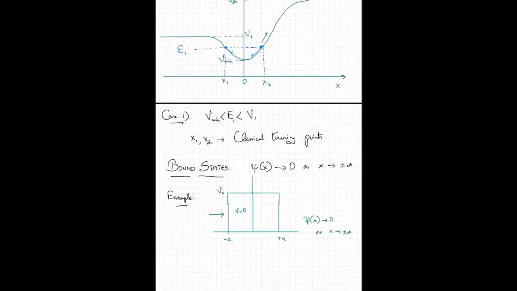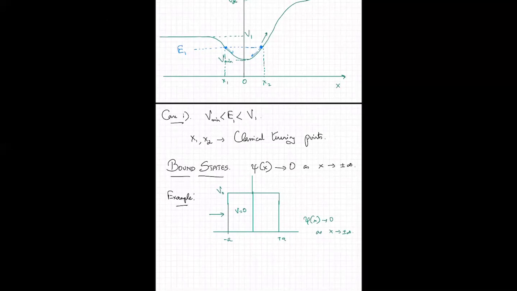But for any finite potential, I cannot claim that the wave function will be exactly equal to 0 outside the classical turning points. But if I go sufficiently far away from the classical turning points, particularly as x goes to plus minus infinity, I can be sure that for bound states, there is 0 probability of finding the particle so far away. If the particle is stuck inside the potential, it can leak to some extent beyond the potential, but it cannot go all the way to x is equal to plus minus infinity.